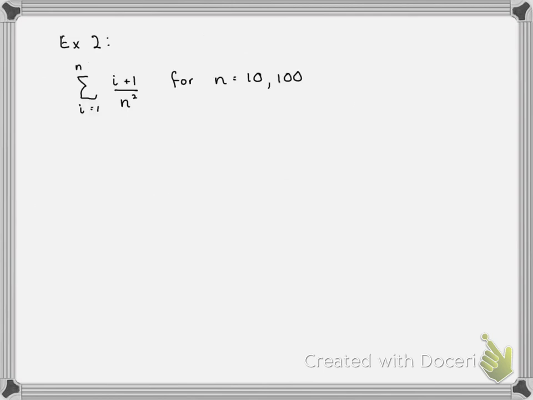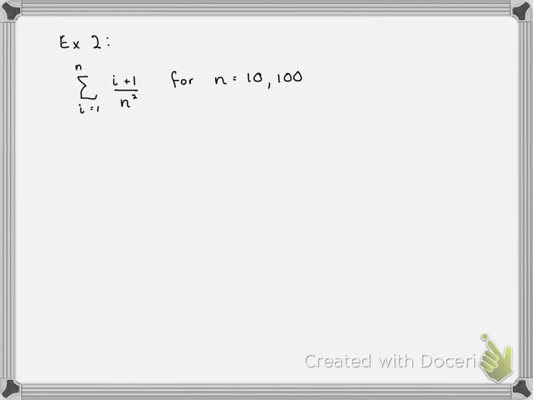Okay, so we're going to use the sum for the i in terms of n to evaluate for n equals 10 and 100. So what we're doing here is basically working through how the summation is going to work when we have to use it to find area under a curve.